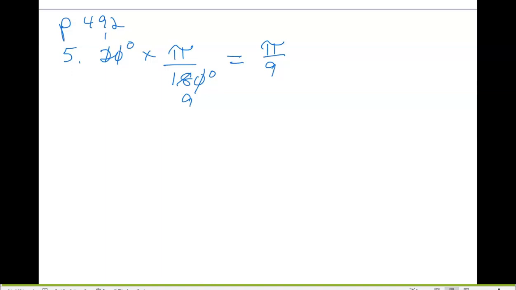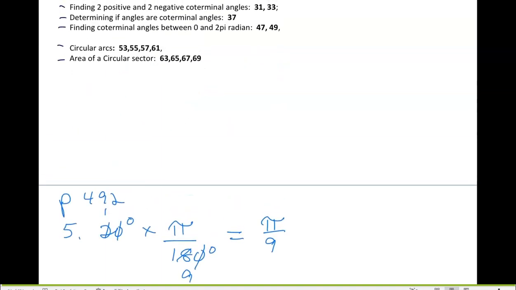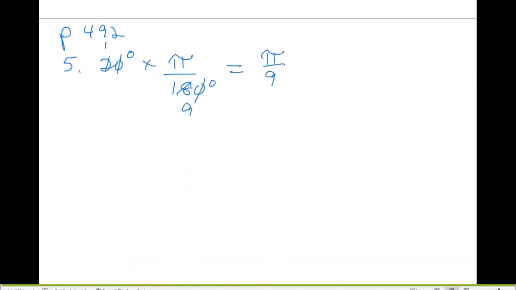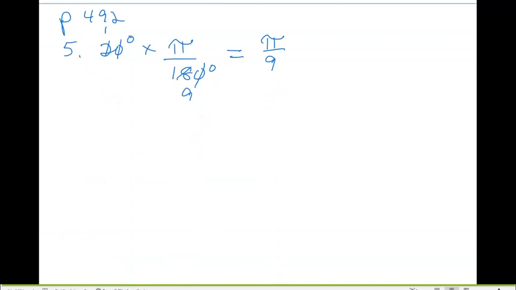And then, so what did I say? I had 5 to 15 odd. So that means my next one's going to be 7. So 7, it's 54 degrees times pi over 180. So I'm going to divide this by 2. That's going to give me 27.